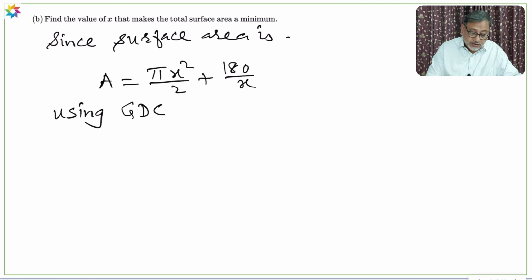So look here, this should be greater than 0. So let me change the window setting. Greater than 0, and it can be 15 I can take maximum, and the y setting I can take maximum 200. Let me take. Okay. Now I can see the graph.